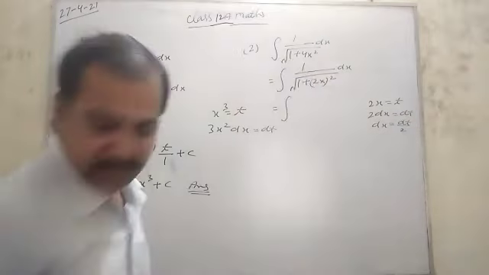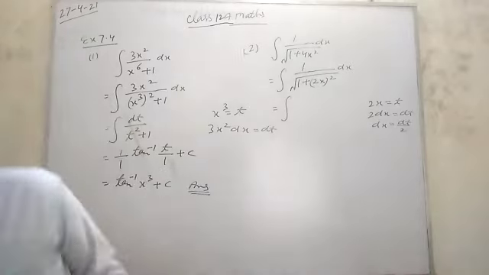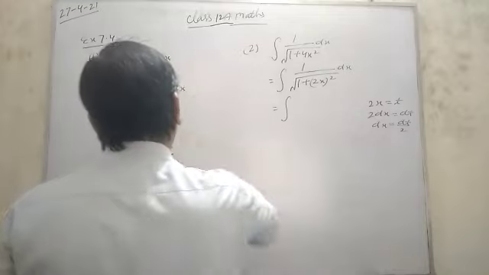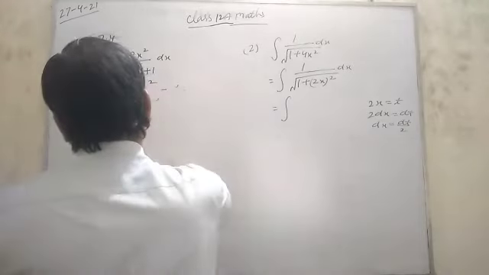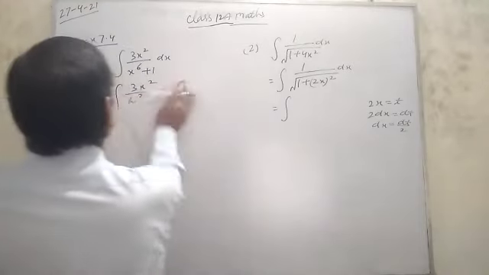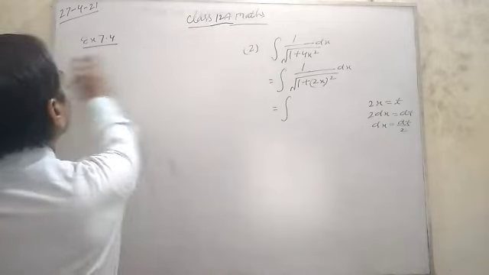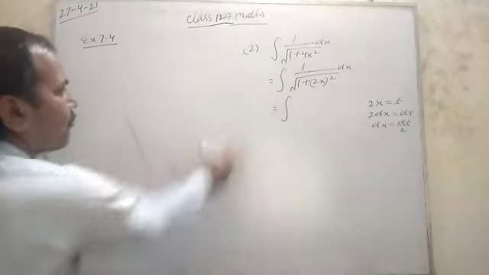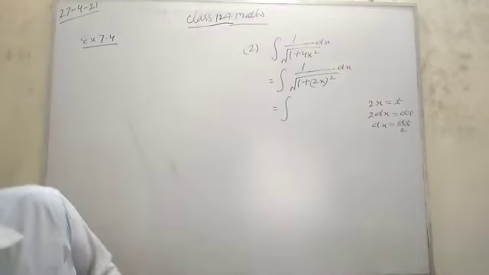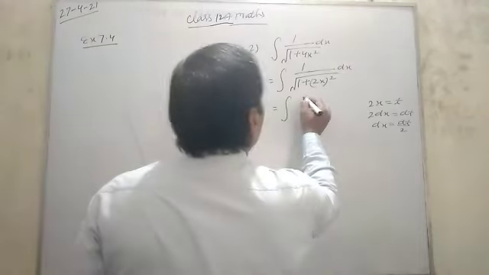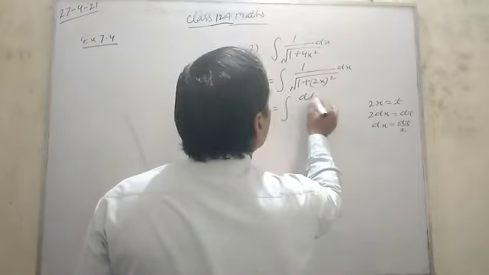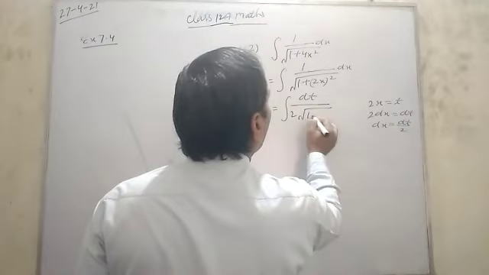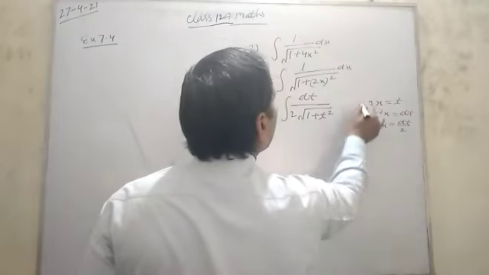You put that there, so we get dt upon 2 under root 1 plus t square.